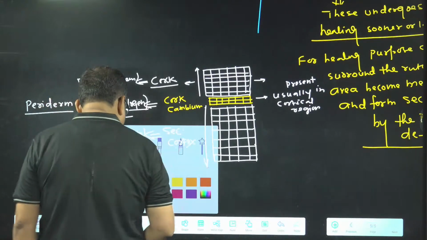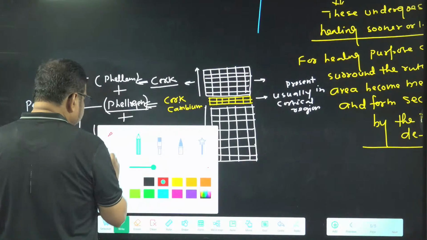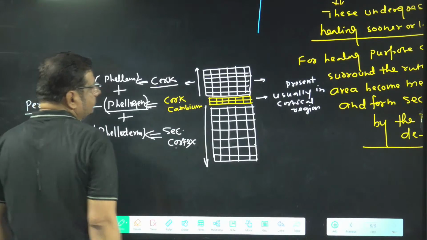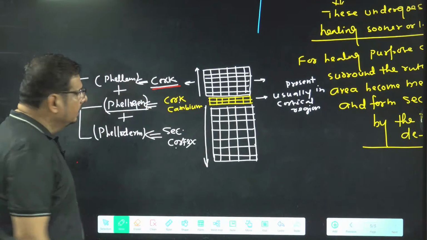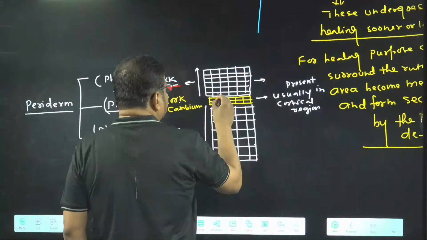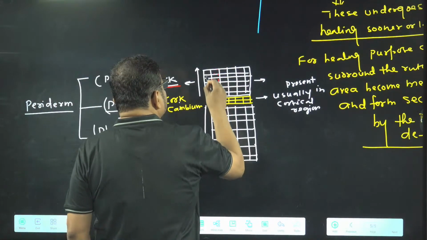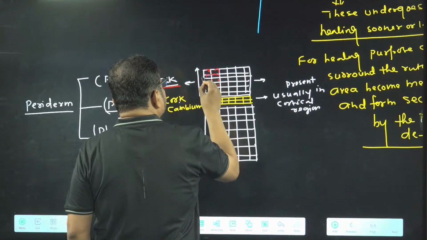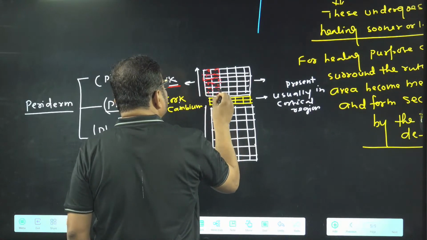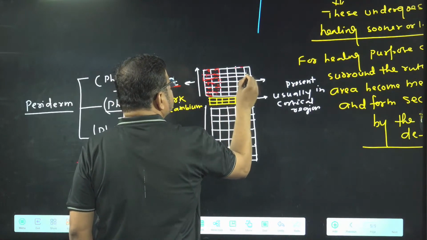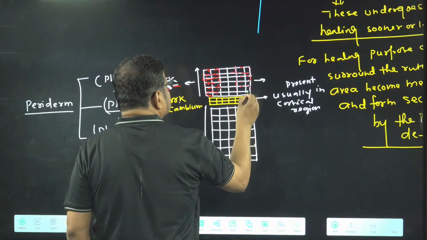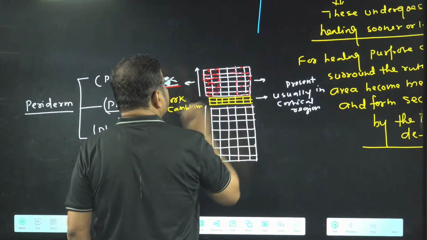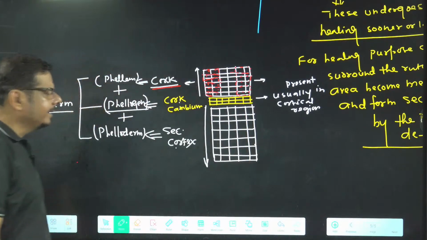Now I want to tell you some more things. Actually what happens? In the cork which formed toward outside, in this region, what are you finding? Suberization occurs on the wall. Suberin deposition occurs. Understanding the idea or not?